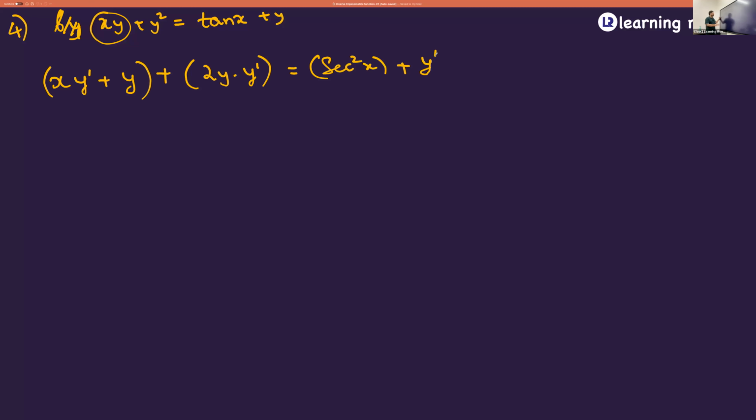So collect all the y dash terms. If I take that y dash outside, what am I left with on the left hand side? So I'll have x plus 2y.